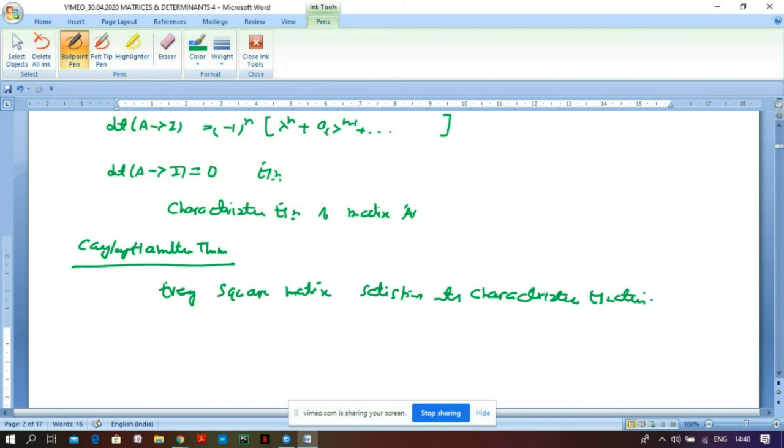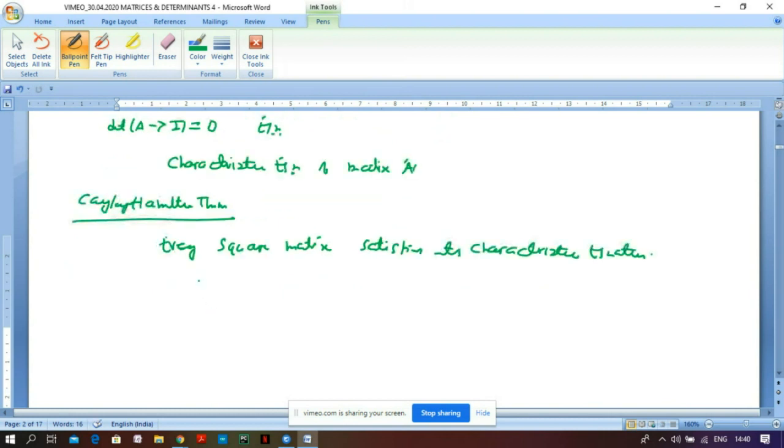That is, if lambda to the n plus a1 lambda to the n minus 1 and all those terms, plus an, equal to 0 is the characteristic equation, then matrix A satisfies it.